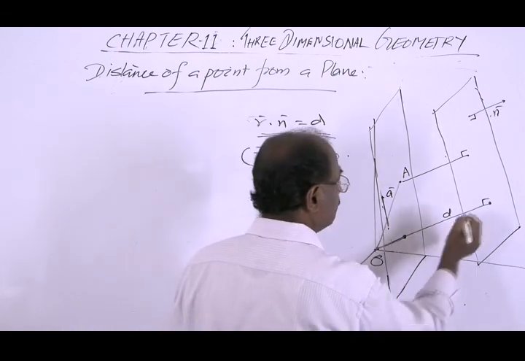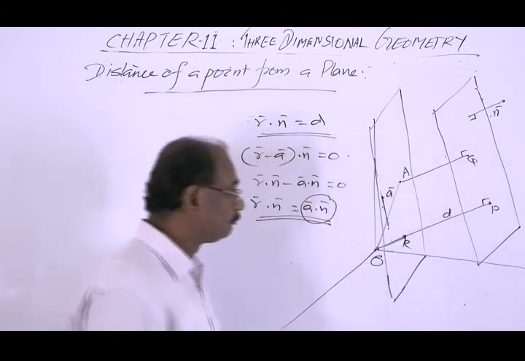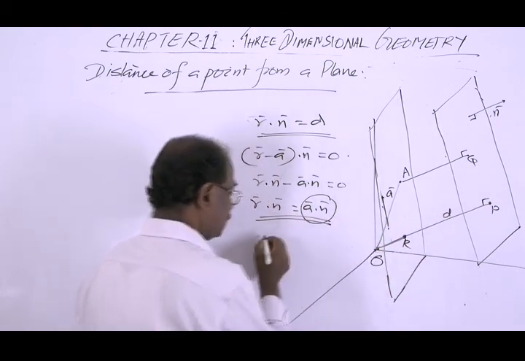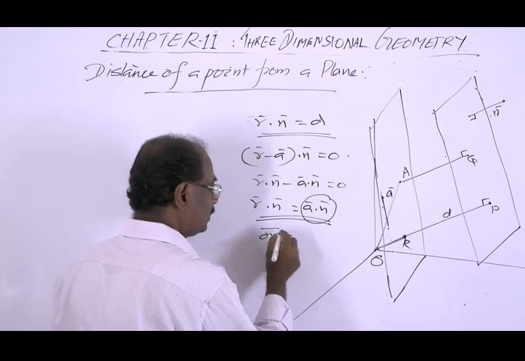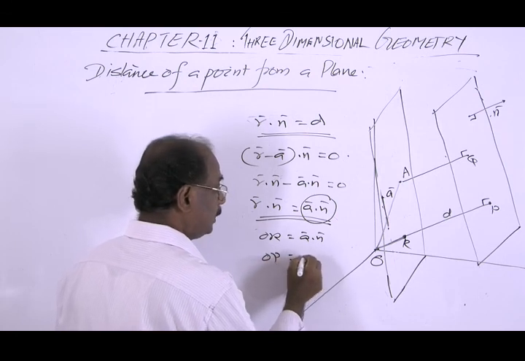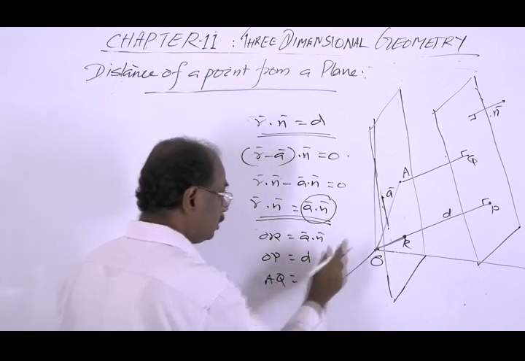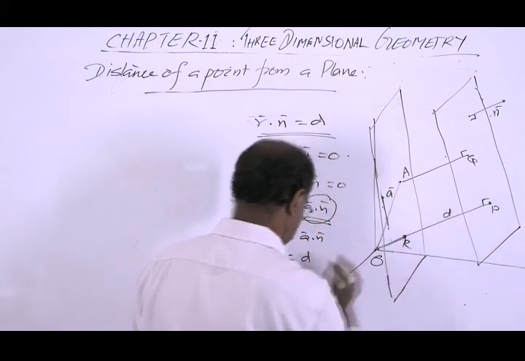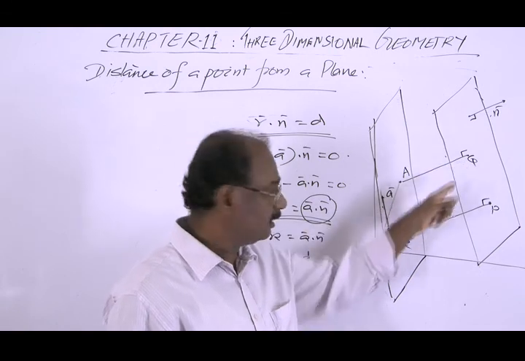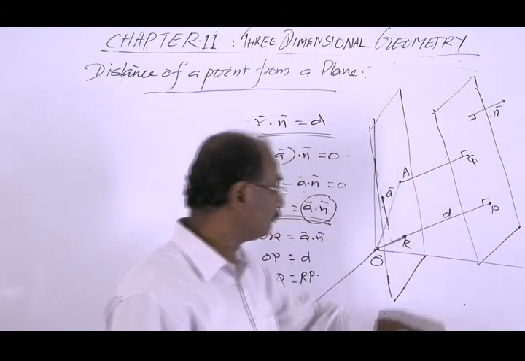Suppose the points are, say, this is P, this is Q, and this is R. This OP distance is d, OR is equal to a dot n, and AQ is the same as RP, because these two lines are parallel and perpendicular to the planes, so this distance is the same as this.